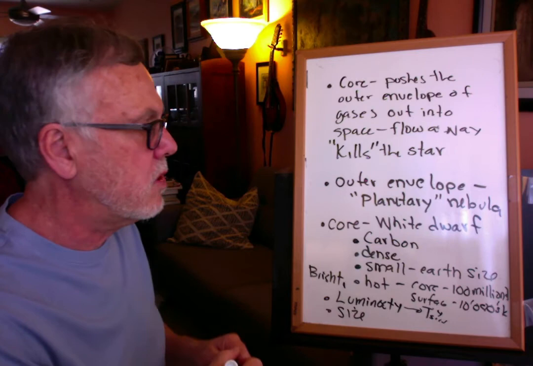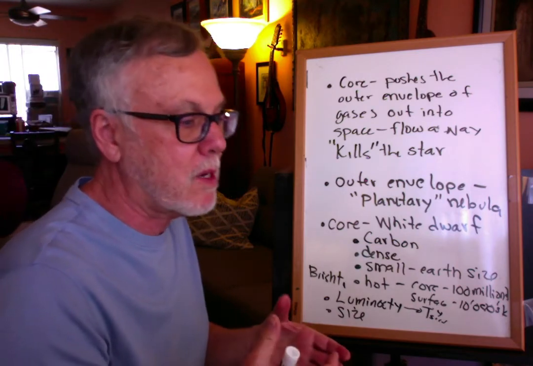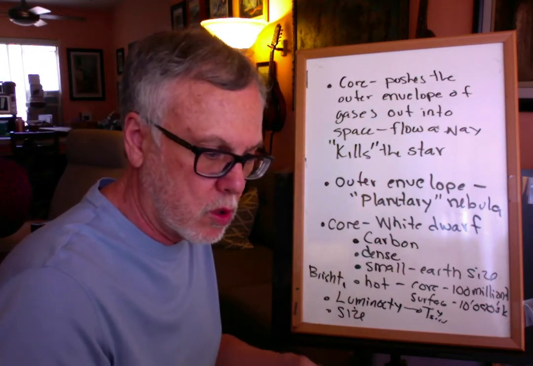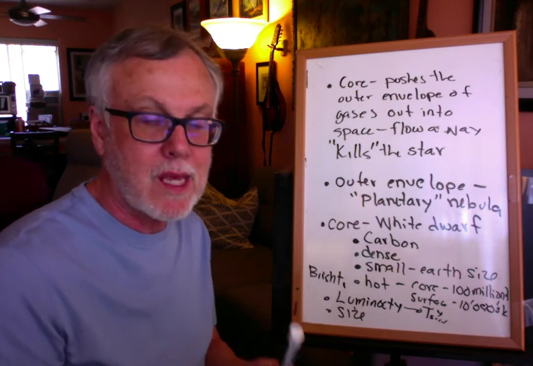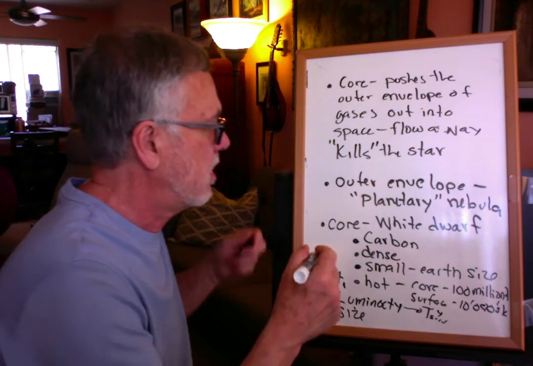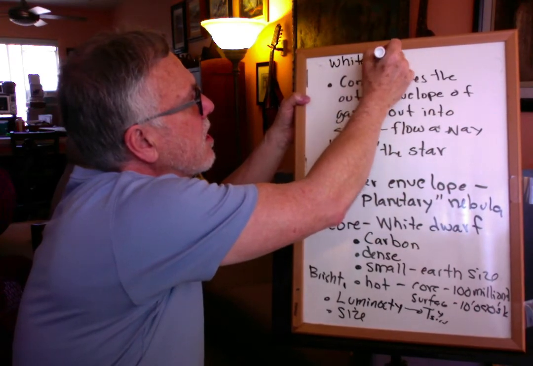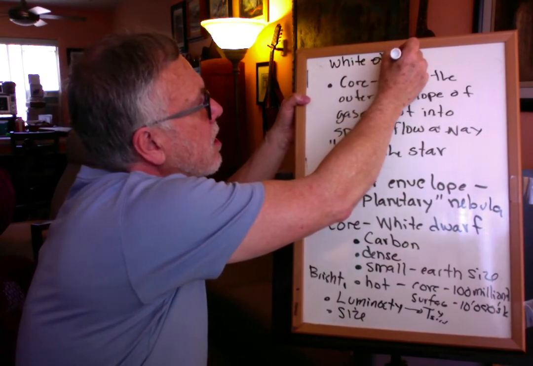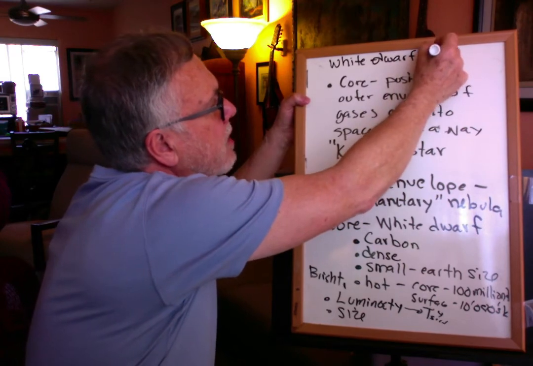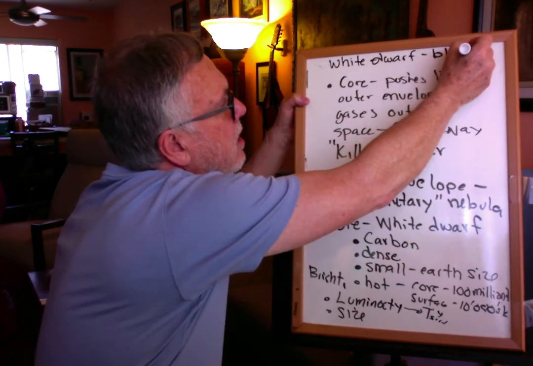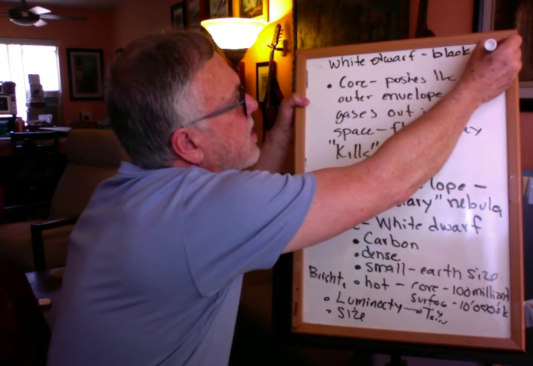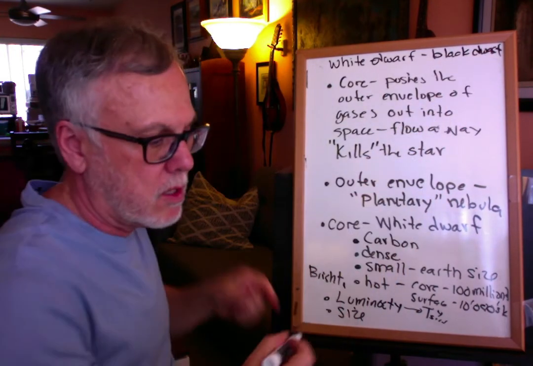And that's what happens to most white dwarfs. They just basically cool over billions of years. It takes a long time for these to cool. So a white dwarf cools to a black dwarf. Just a cinder in space, about the size of the Earth.